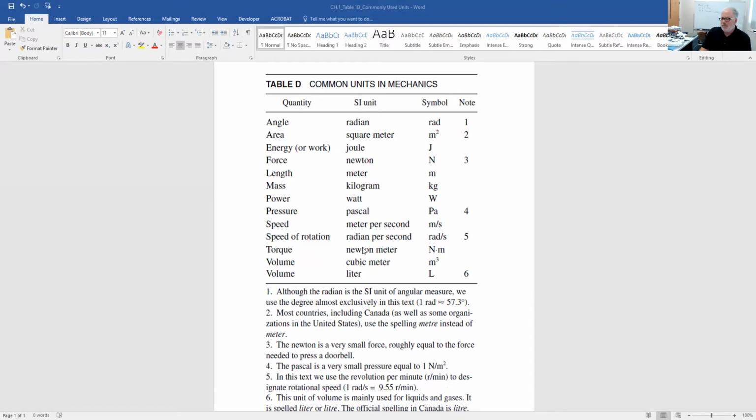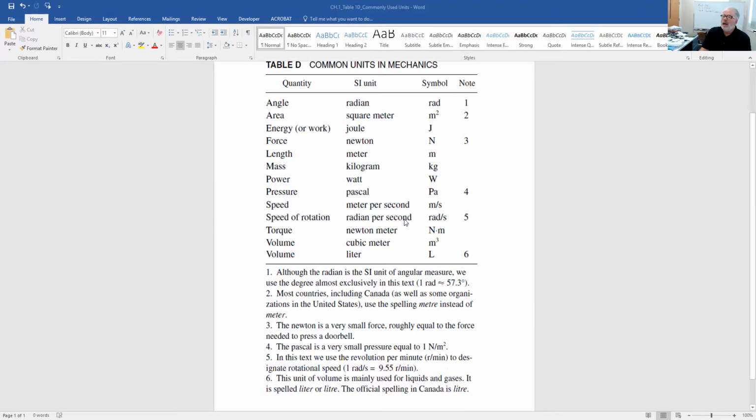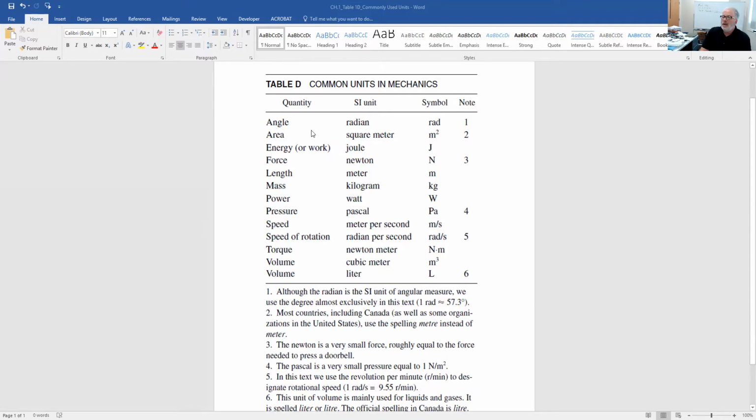Some of these we've seen before, and some of them we maybe recognize, but we haven't used that much. We see, again, the radian is a unit of angular measure. We use the degree almost exclusively in this text, but the radian is given as the precise measure of angular measurement.